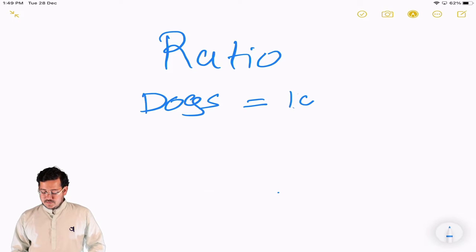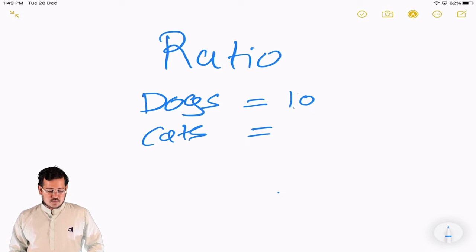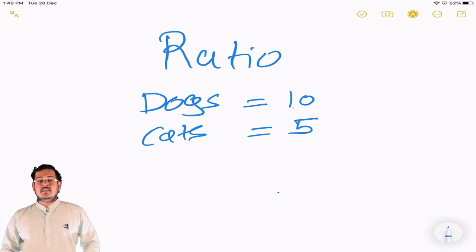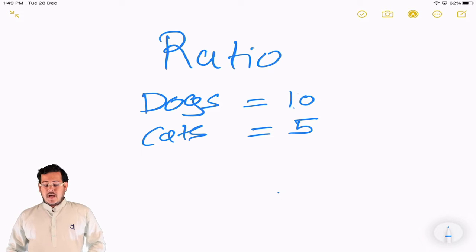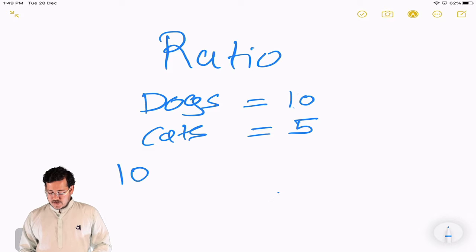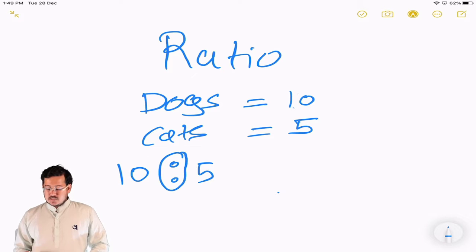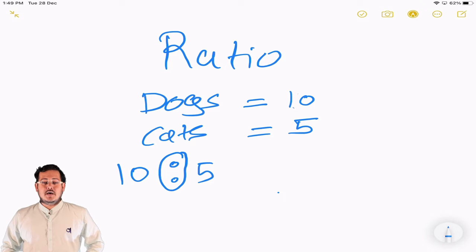The dogs are 10 and the cats are equal to 5. So, if I want to represent this in the form of a ratio, I can write like this: 10 is to 5. This symbol says that both the numbers are written in the form of a ratio.